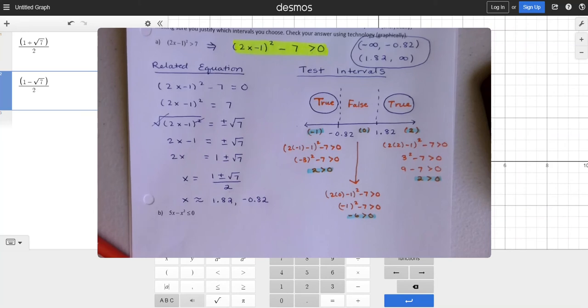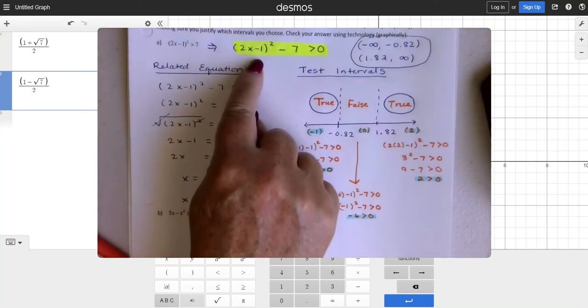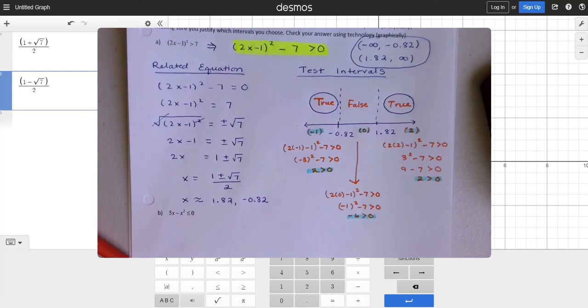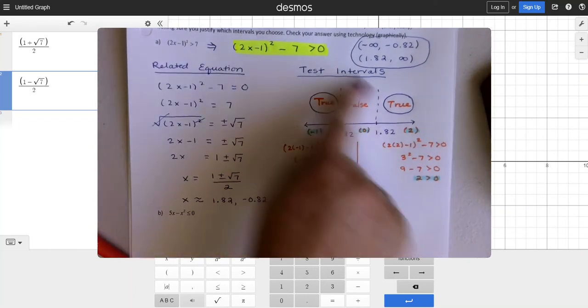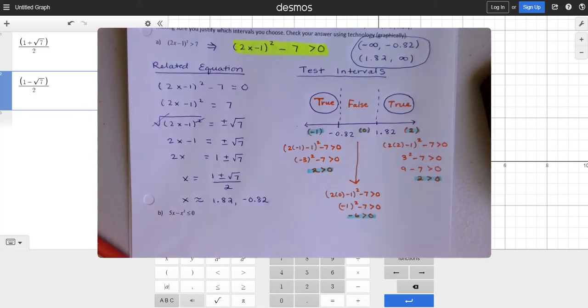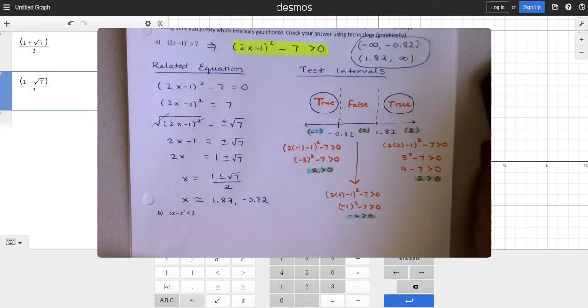So later in the course, when we do this for maybe cubic or quartic inequalities, or we get to some with logarithmic or square roots or all kinds of different inequalities, you won't need to learn a new technique. You'll be able to use the same exact technique. Solve the related equation, test a value in each interval. Okay? So at this stage of the game, I'm going to ask specifically that you learn this technique and show it to me when you do your homework and your test.